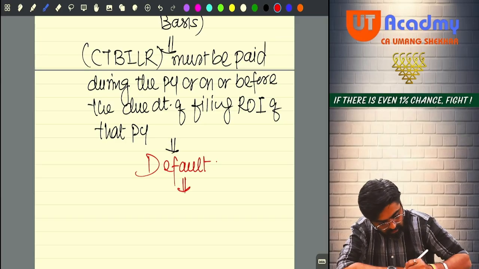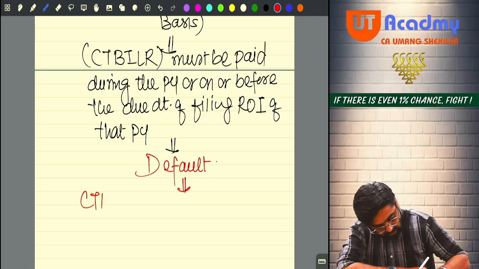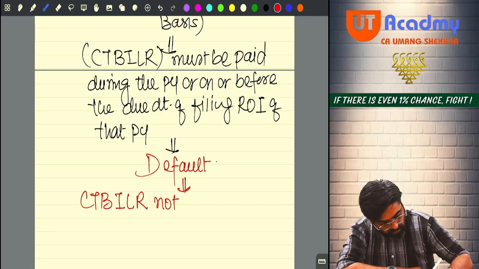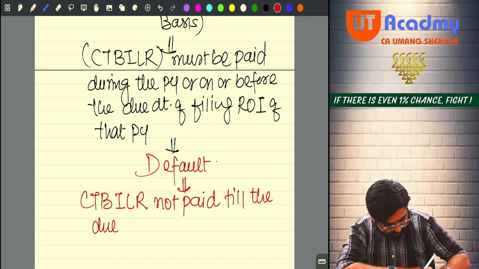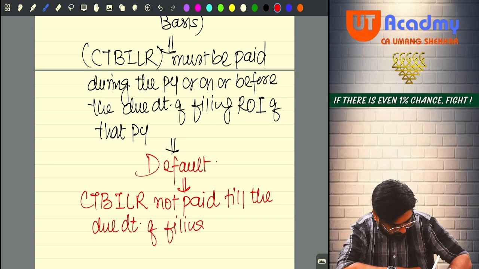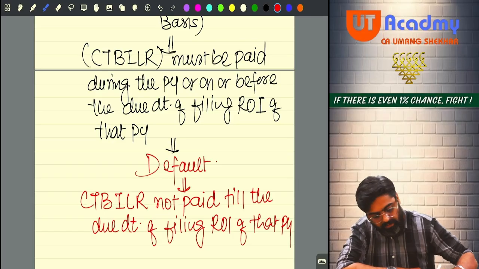Such expenses, meaning CTBILR, not paid till the due date of filing ROI of that previous year.